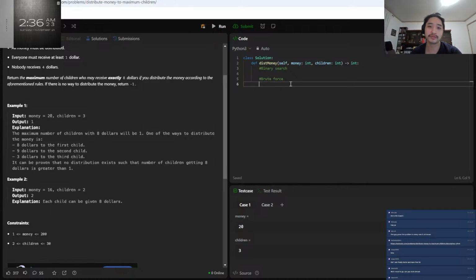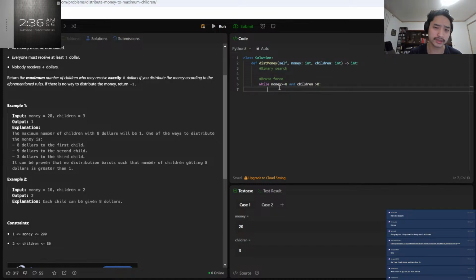So how would the brute force way work? It would be something like, now I'm just going off instinct, I'm not thinking ahead of time. It should be a while money is more than or equal to 8, and children is more than 1, or is it 0?